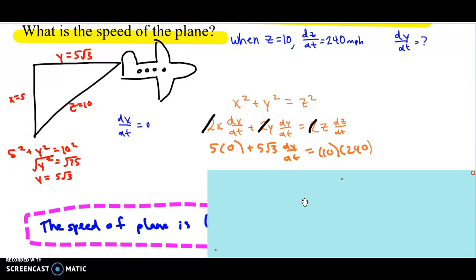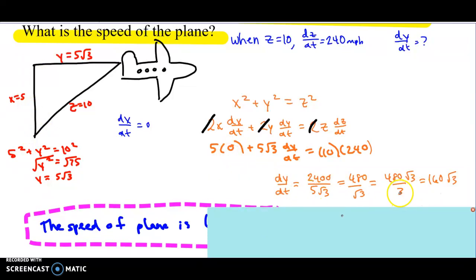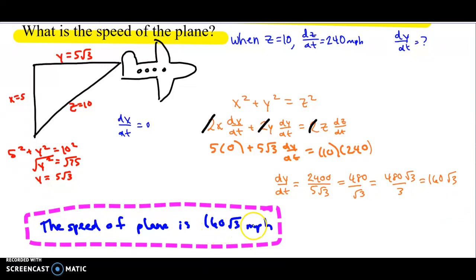Here I plug in my information. Again, dx/dt is 0 because that altitude is constant. We solve. I guess you didn't have to rationalize your denominator. I just did because I can. And why not? So the speed of the plane is 160 root 3 miles per hour.